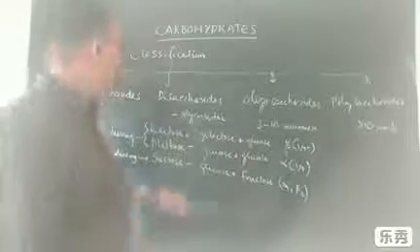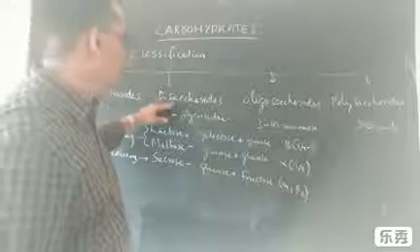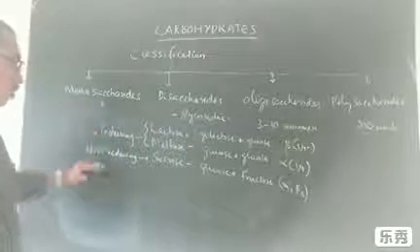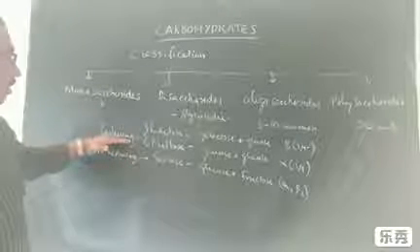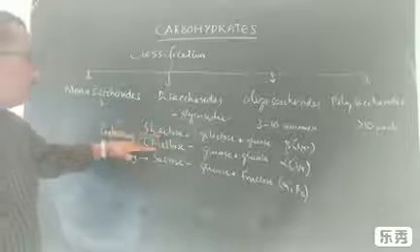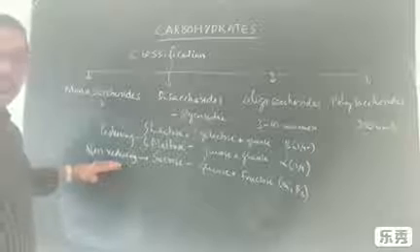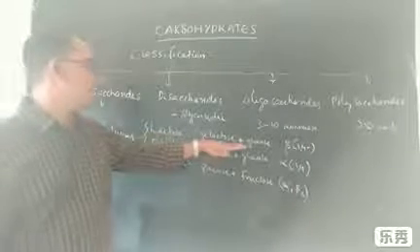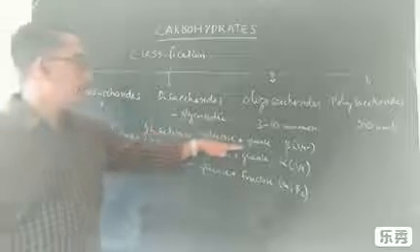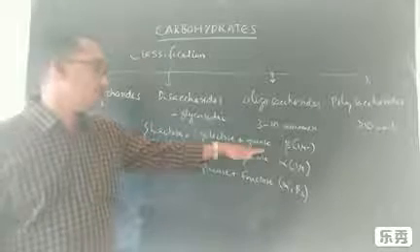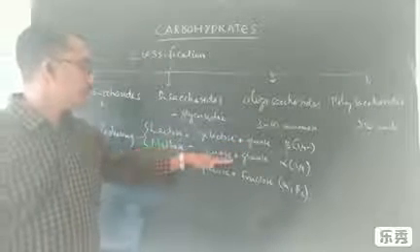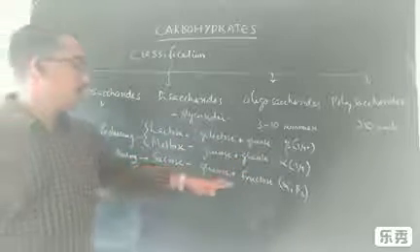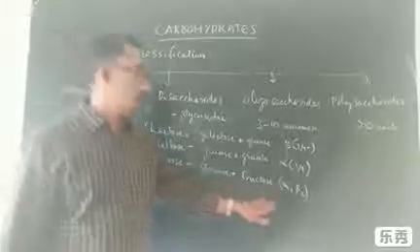So this is about disaccharides. They are further classified into reducing and non-reducing. Examples of reducing disaccharides are lactose and maltose, and the non-reducing disaccharide is sucrose. Lactose contains 2 monomeric units, galactose and glucose. Maltose contains 2 molecules of glucose, and sucrose contains a glucose and a fructose unit.